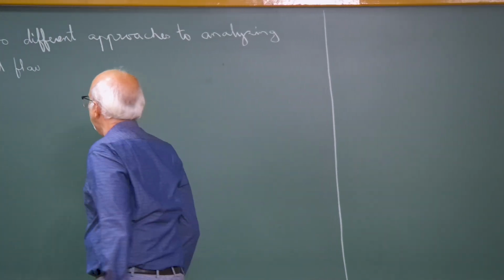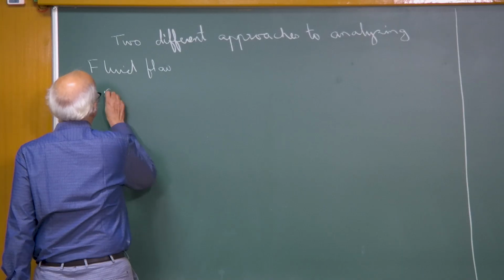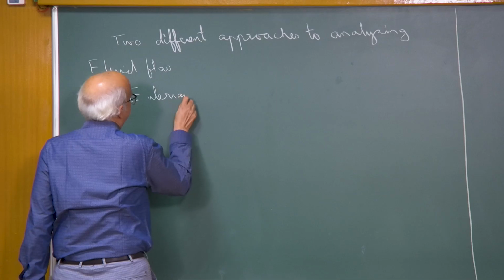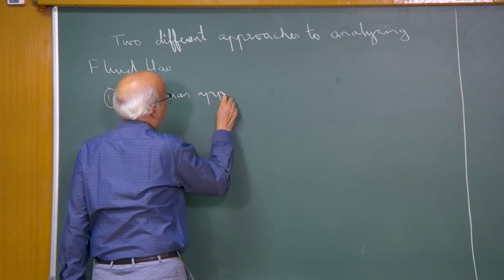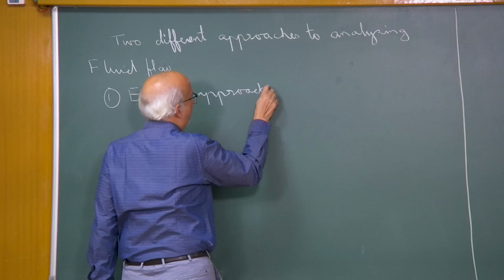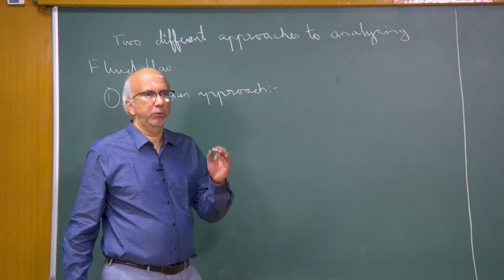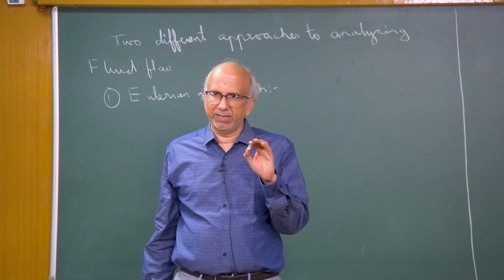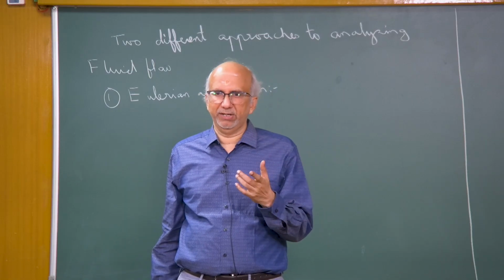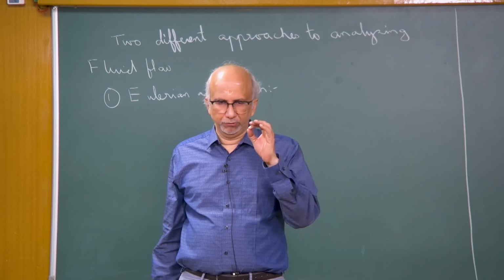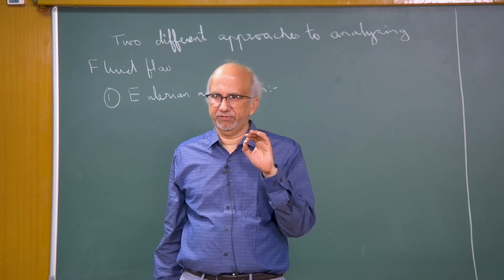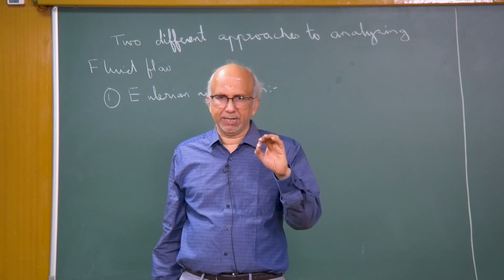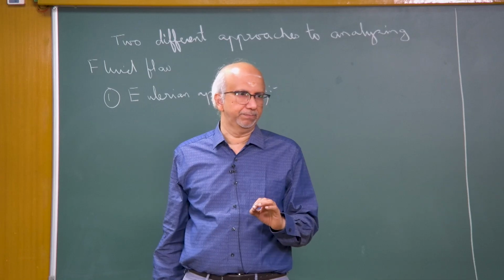So, in the first approach, which I call the Eulerian approach, what we do is, supposing you are interested in making a measurement of maybe temperature or velocity or pressure, you fix your attention at one fixed point in space. And then at that point you are making your measurement.